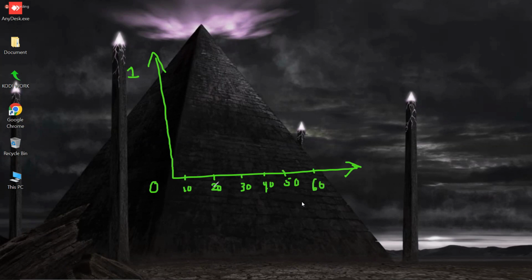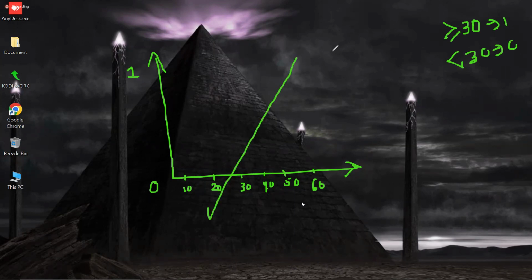Now, I'll write a condition. In this case, greater than or equal to 30 is diabetic, and less than 30 is non-diabetic. Now let's say I plot one regression line.